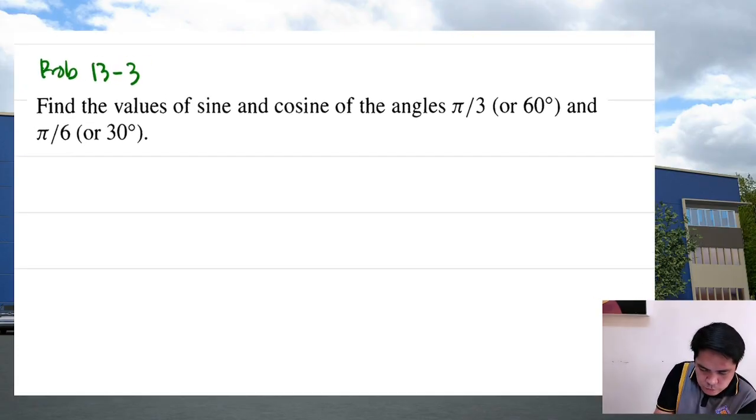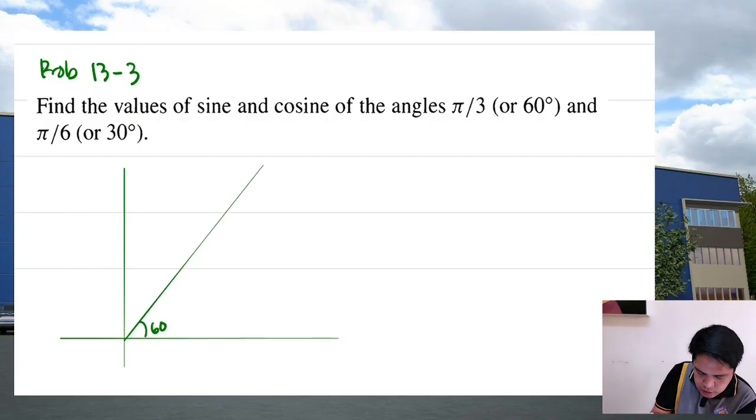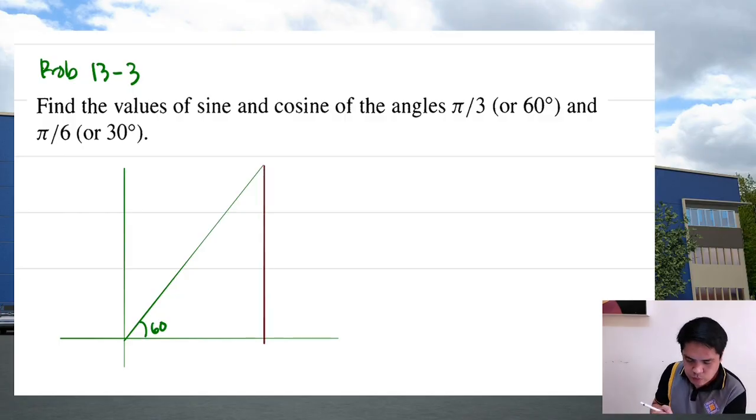Again, if we plot that, pi over 3 would be 60 degrees, right? So let's say it is here, and this is 60 degrees. Now, that is 60 degrees, and if we draw a right triangle using these sides, we have this.